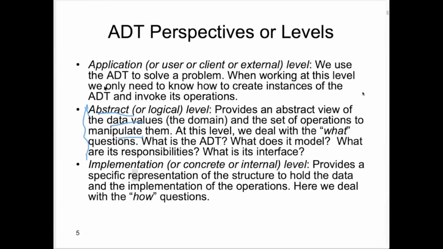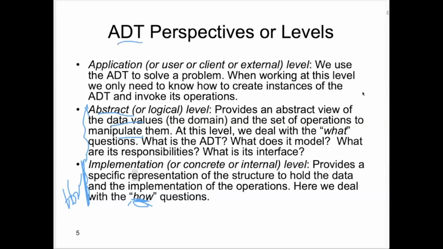So if this is an ADT for a queue, you have the high-level, abstract-level details. However, the implementations, or the how, in this case, are all inside the data structure. So the data structure has all of the implementations. This is the ADT perspective of levels.